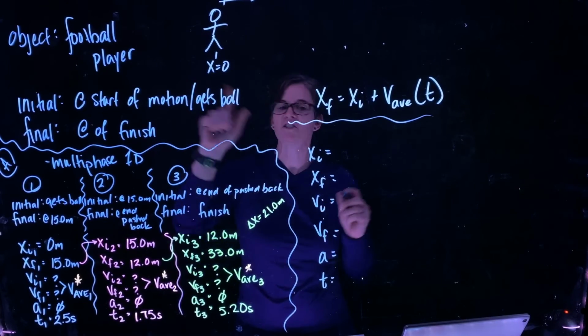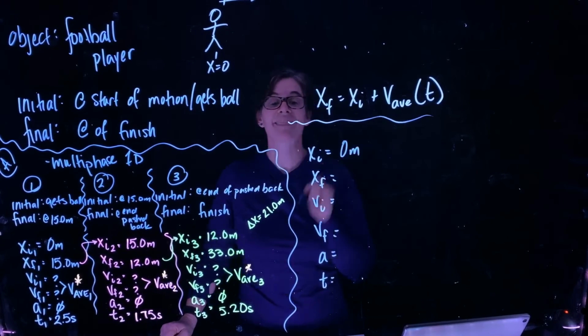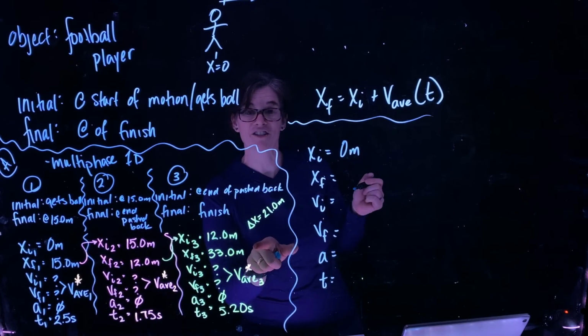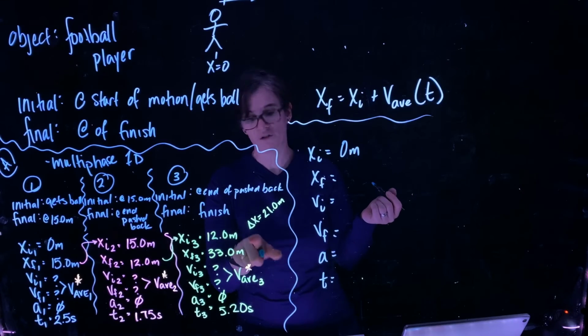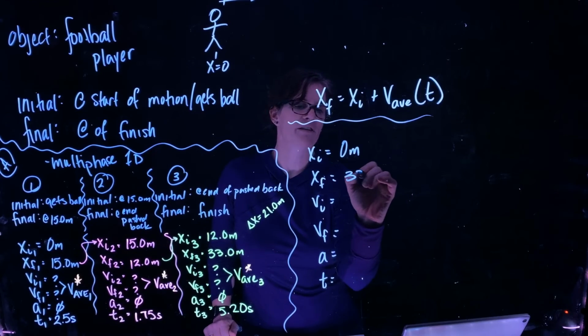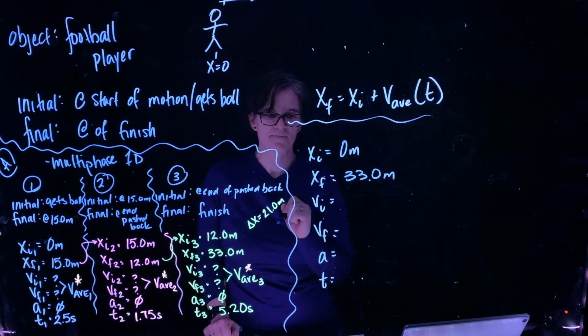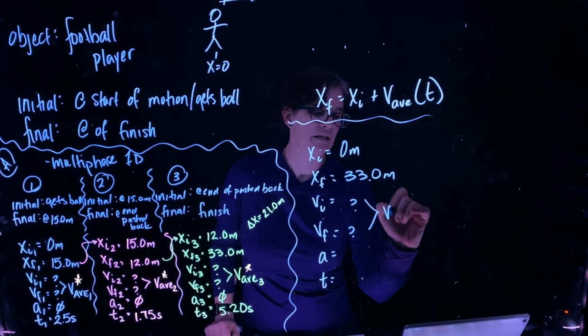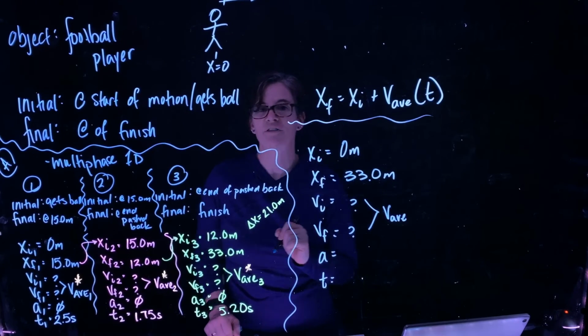Now our initial position is at the beginning, so it's back at that 0. Our final position is the final location of phase 3, and we deduced that that was at 33.0 meters.